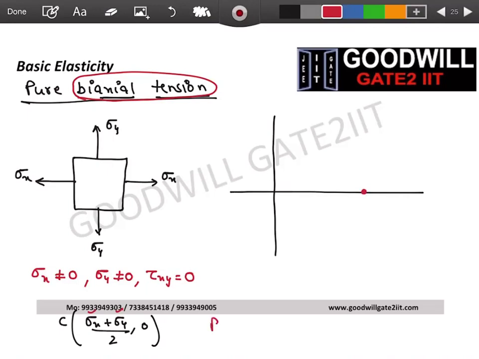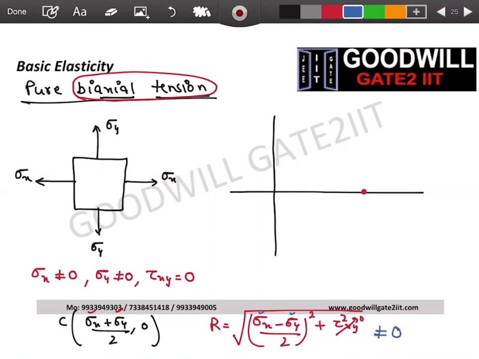And you know your radius of Mohr circle formula is this. Tau xy is 0. You will substitute sigma x, sigma y. Some number will come out, some non-zero value. I'm not interested, 10, 20, 50, 100. That depends upon what the value of sigma x is, what the value of sigma y is, which one is bigger, which one is smaller.